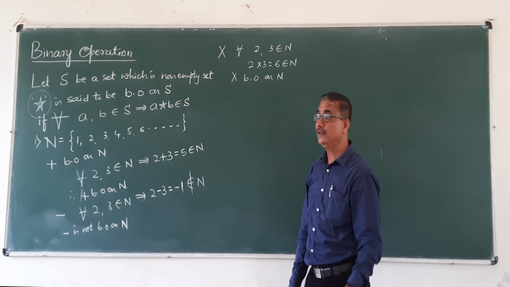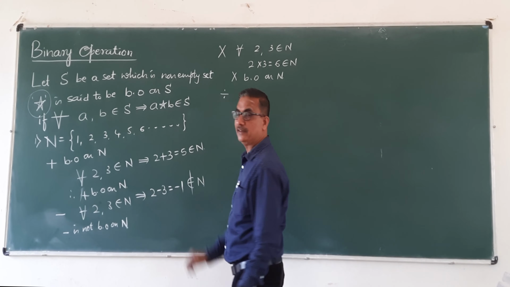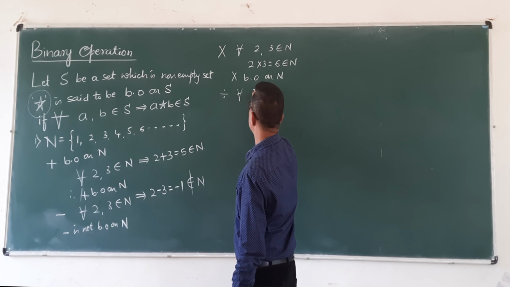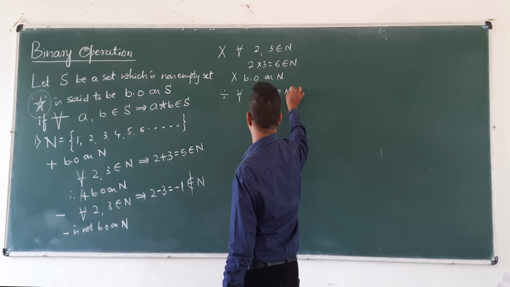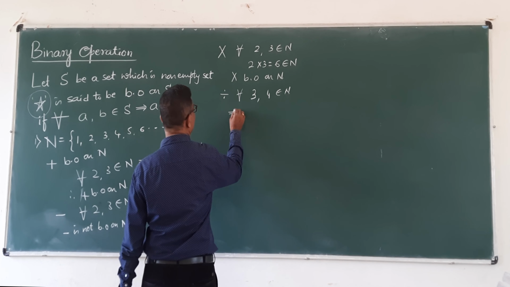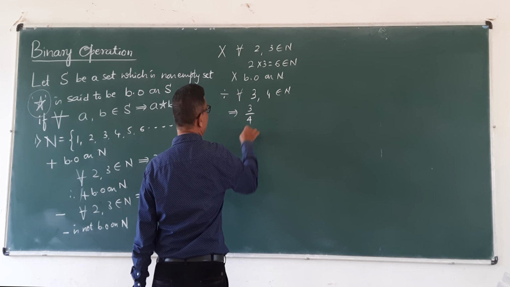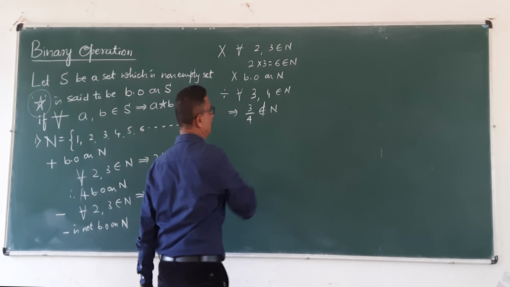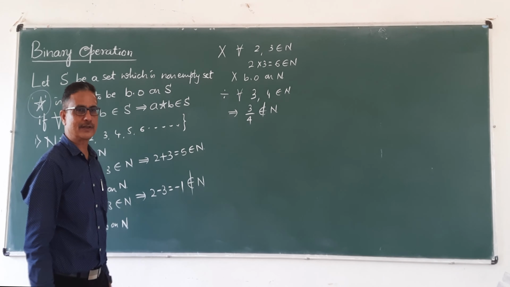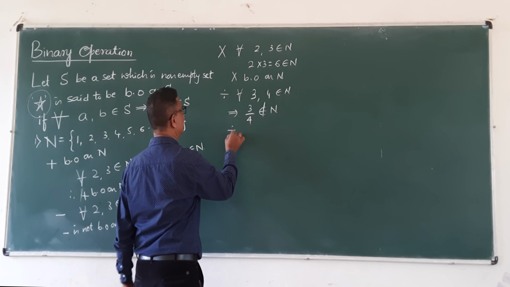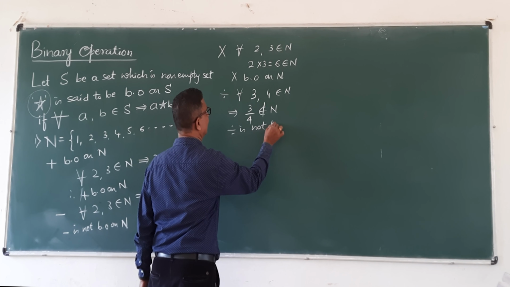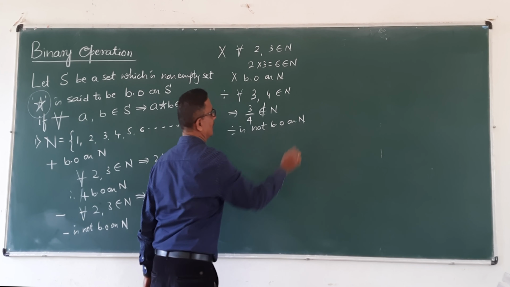What about division? Check it. Is it binary operation? Take two numbers. Say 3 and 4 belongs to natural number. The operation is division. Divide 3 by 4. Is 3 by 4 a natural number? No. Does not belong to natural number. So division is not binary operation on the set of natural number.